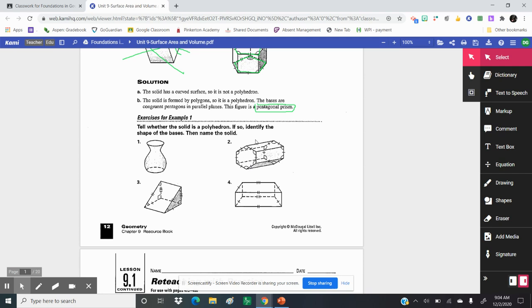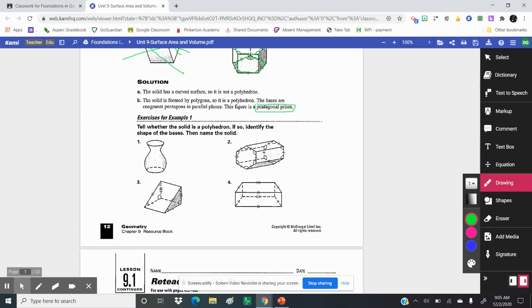So if it has 6 sides, it's a hexagon. And this hexagon here, the one in front, is parallel to this one over here. So this would be called a hexagonal prism. Remember, the prism all the way around, all of these faces are going to be rectangles.